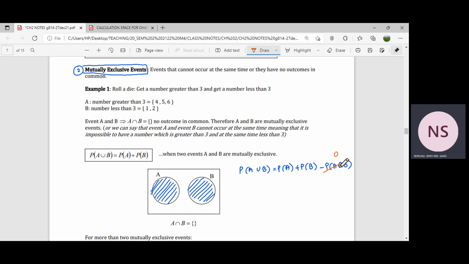Therefore, we can ignore this intersection. We can use this formula only when the events A and B are mutually exclusive.